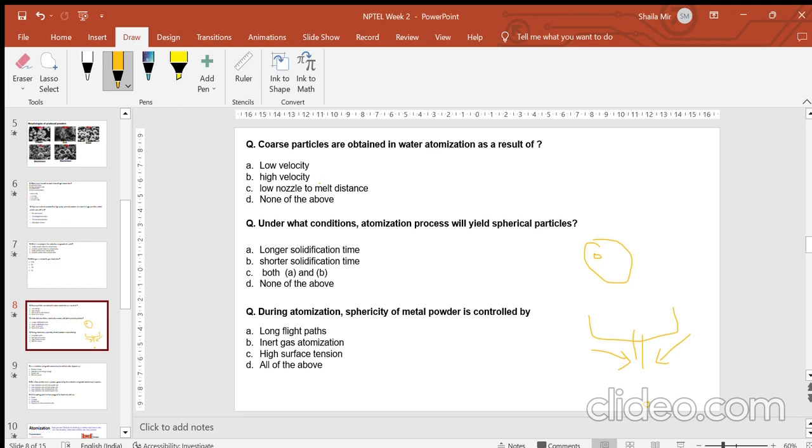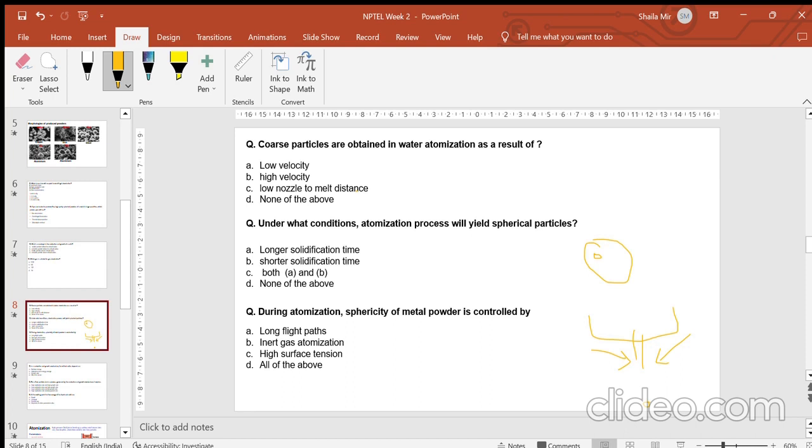Can anybody answer this? Any answers? Low velocity of water.